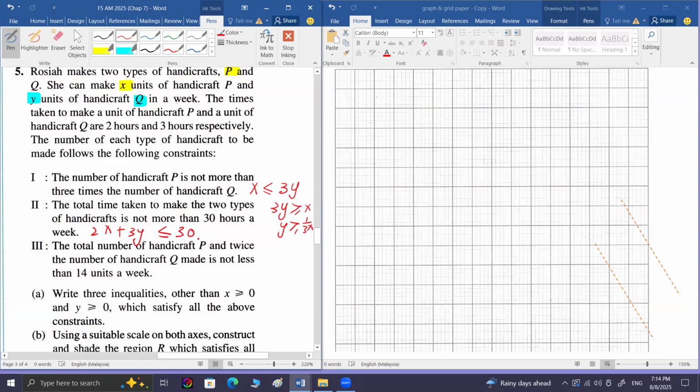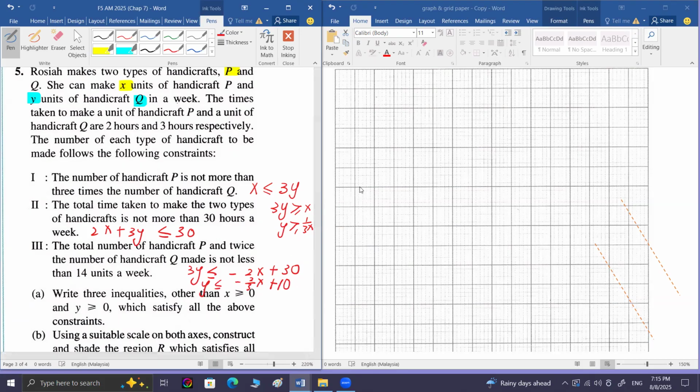Up to you, you can write it as Y equal to MX plus C, you can shift it, it's okay, because it's easier for you to find the X and Y. If you shift like this, 3Y is negative 2X plus 30, and then Y is negative 2 over 3 X plus 30 divided by 3, you're going to get 10. Like this also can be accepted.